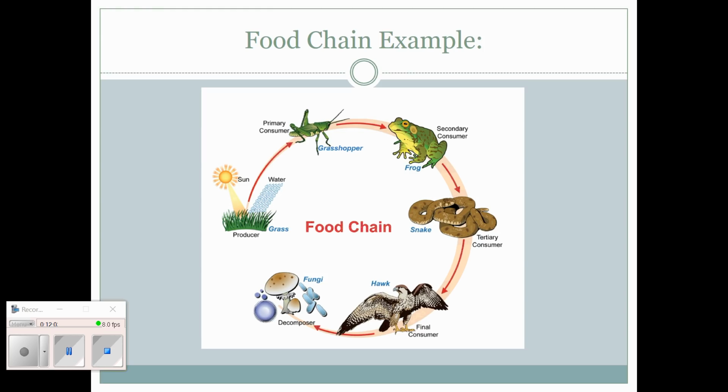And the flow of energy is very important in an ecosystem. So it starts off with the producer, using the sun to absorb its energy. And then the grasshopper will eat the producer and get energy from the grass, and the frog will eat the grasshopper, and the energy will just flow through the food chain. And then finally, we also have decomposers, which will eat anything that dies throughout the process.